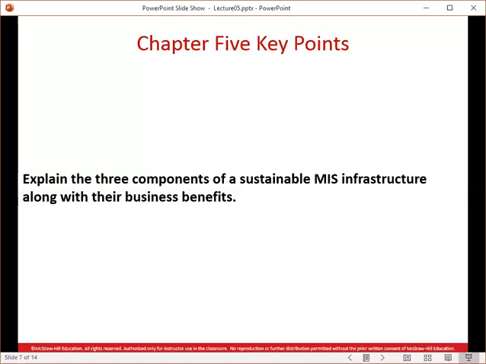Next, we looked at the three components of a sustainable MIS infrastructure. The components include grid computing, and that's a collection of computers, and they can be geographically dispersed, that are coordinated to solve a common problem.